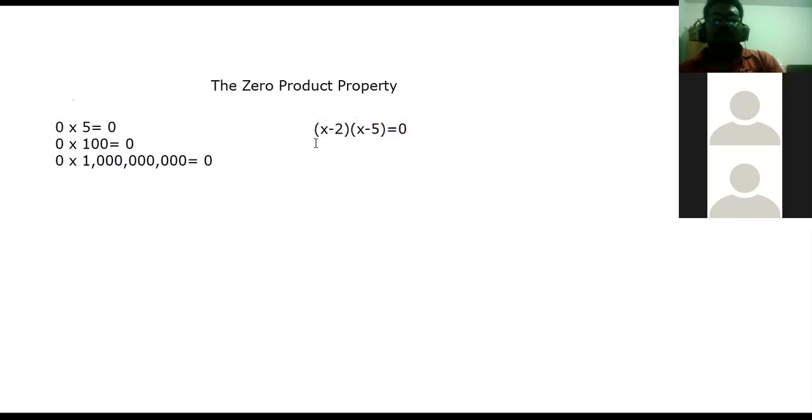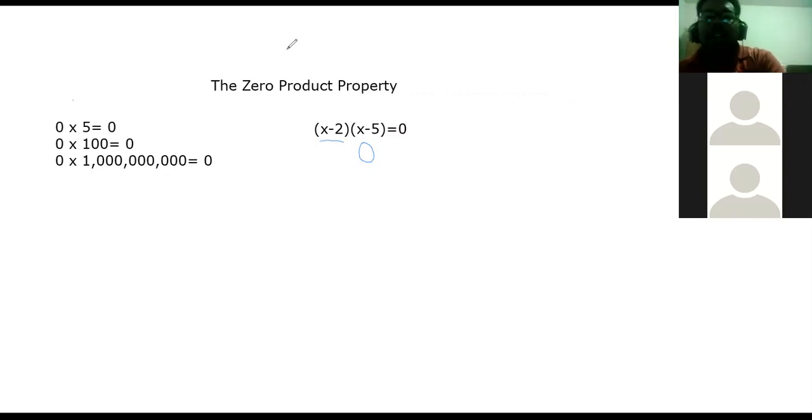Well, I know that if x minus 2 is equal to 0, it doesn't really matter what x minus 5 is. If this is 0, the whole left side is going to be 0, right? Same with x minus 5. If x minus 5 is equal to 0, it doesn't really matter what x minus 2 is. Whatever I'm multiplying by just ends up being 0.